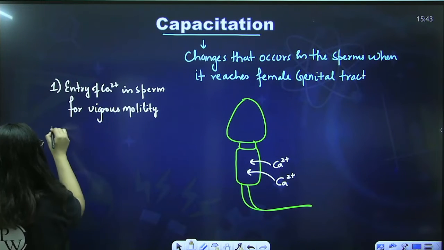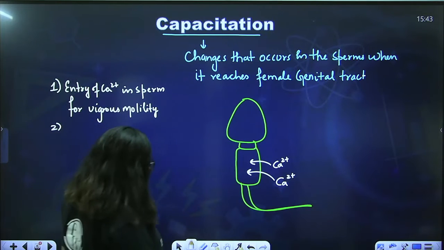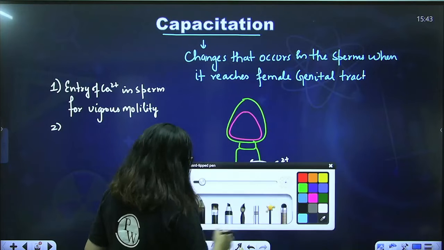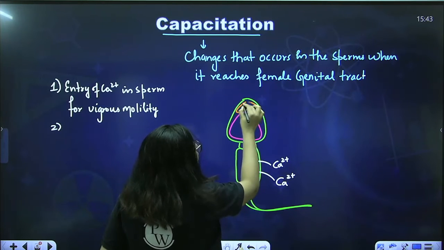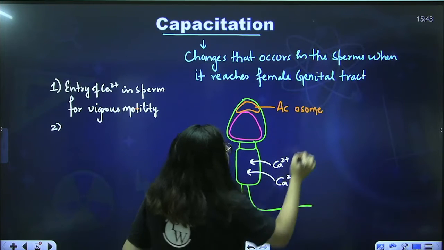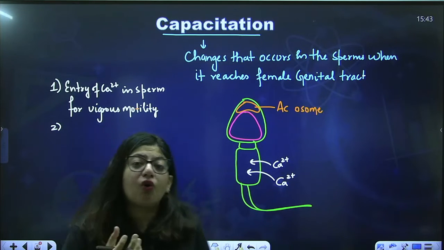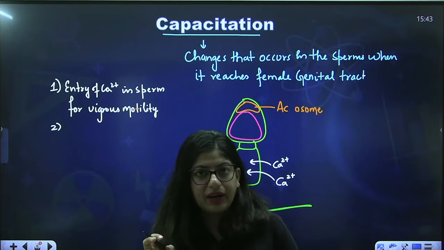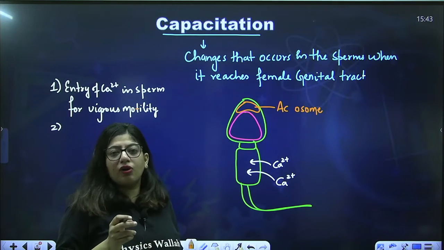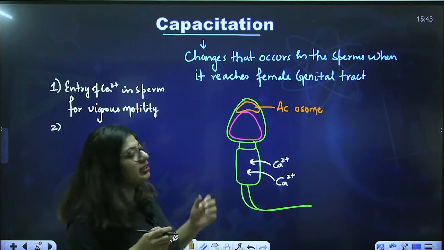Second change: you all know in the head portion of sperm, the nucleus is present and above that the acrosome is present. An acrosome contains enzymes for digesting the wall of the oocyte, right? So now it's time to digest the wall of the oocyte. Why not free the acrosome?